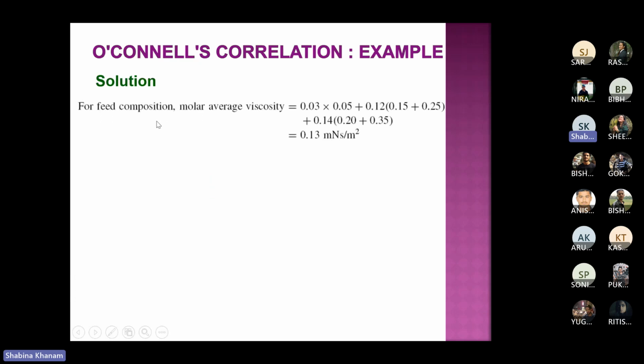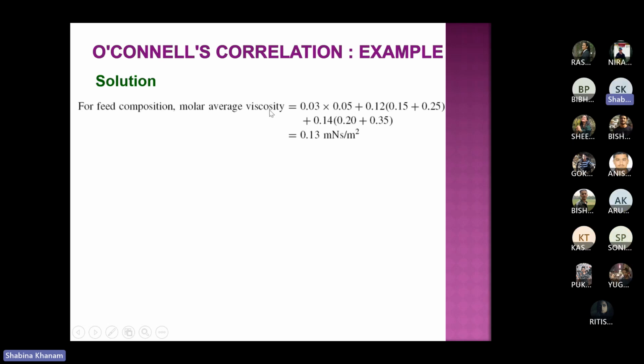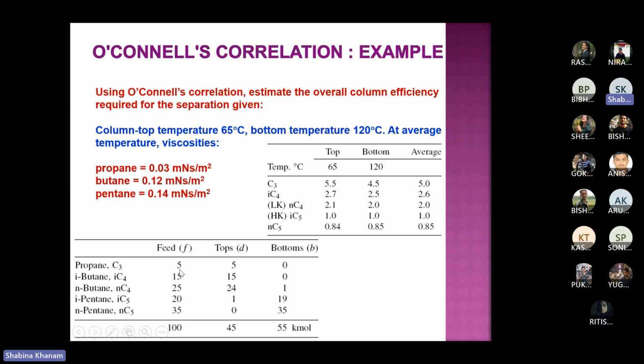For the feed composition, the molar average viscosity you can find like this: for propane, 0.05 times this value. It is not complicated. For butane, you add 0.15 plus 0.25 times this. Similarly for pentane.